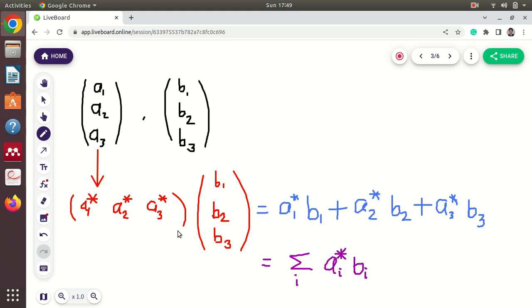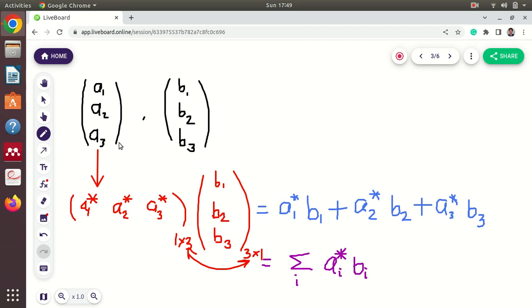Okay, so now you can check the dimensions of these vectors. This vector has a dimension of 1 by 3, and this vector has a dimension of 3 by 1. So you can easily see the dimensions match. Okay, and therefore we can take a product of this.